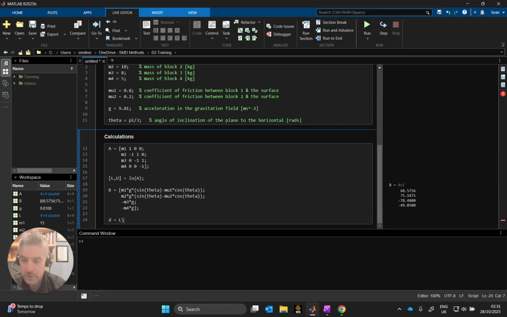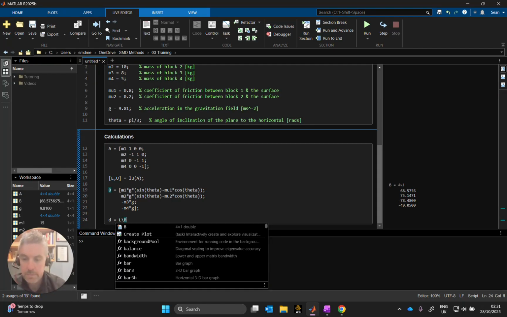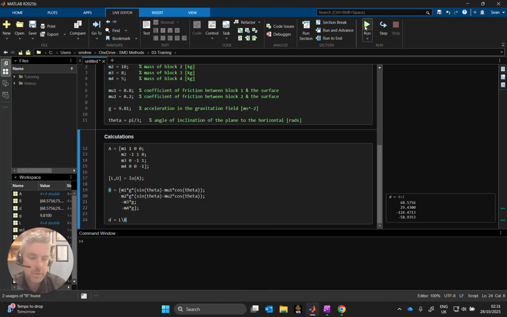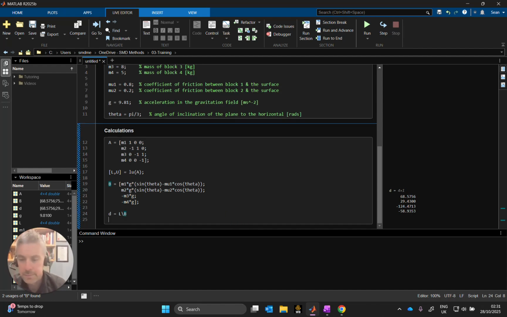So we'll do a backward slash, and we'll go for a B. I'm not going to semicolon that off, just let's check, and what I'll do is I have an intermediary value here for d. And we'll come back and comment these.